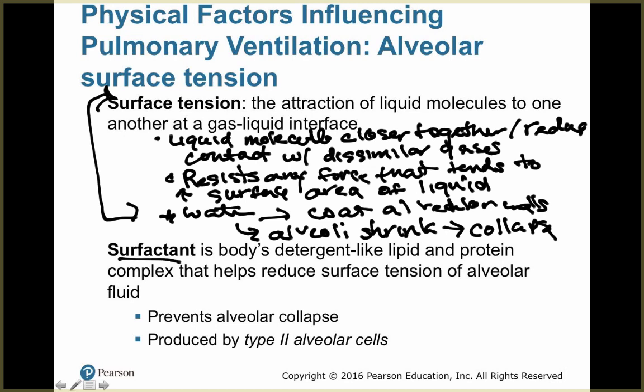But within this, we have what are known as surfactants. This is just body detergent-like lipids and protein complexes that help to reduce the surface tension of the alveolar fluid. So this can, one, help to prevent alveolar collapse, and it is produced by those type 2 cells.